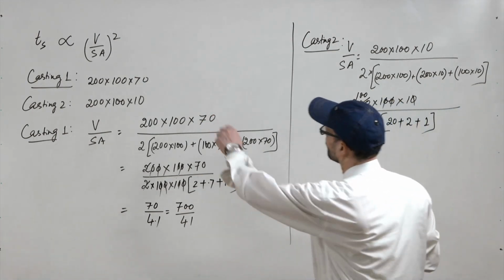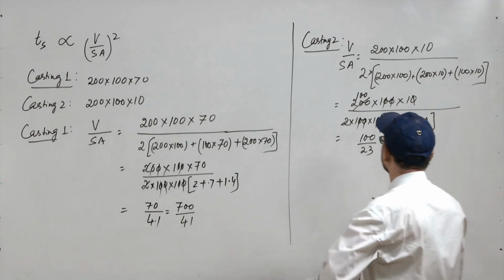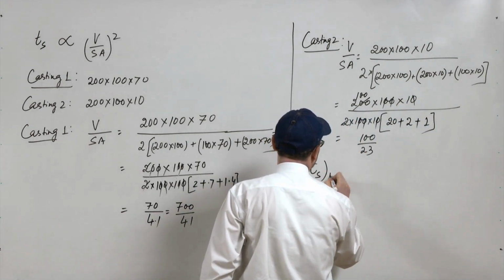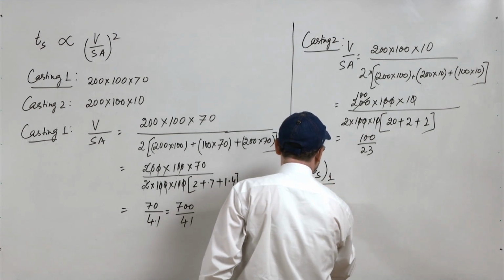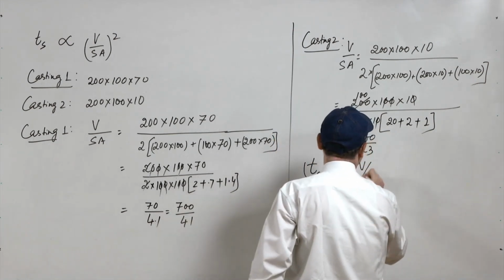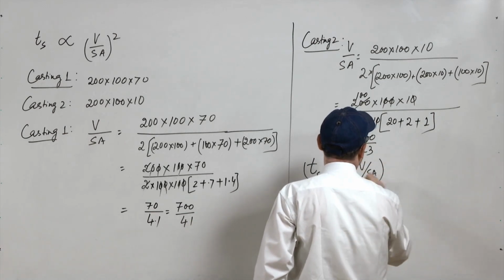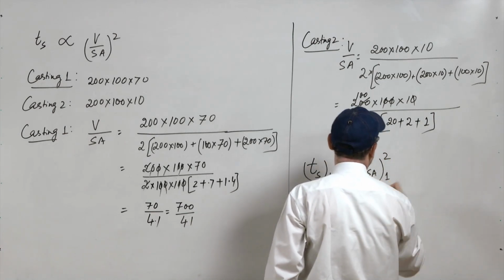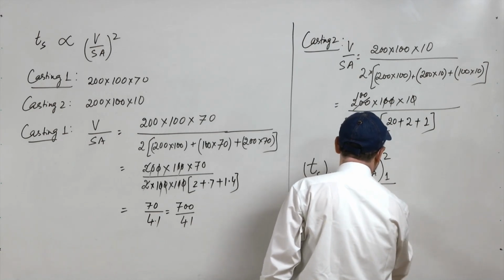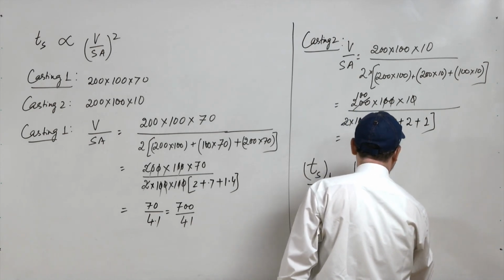Now, the ratio of the time Ts of first casting upon Ts of second casting will be V by SA square of first casting upon V by SA square of second casting.